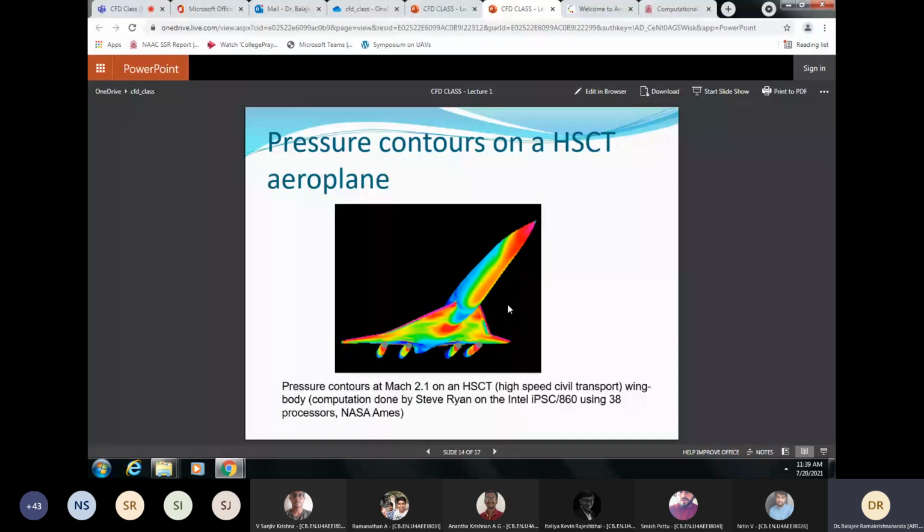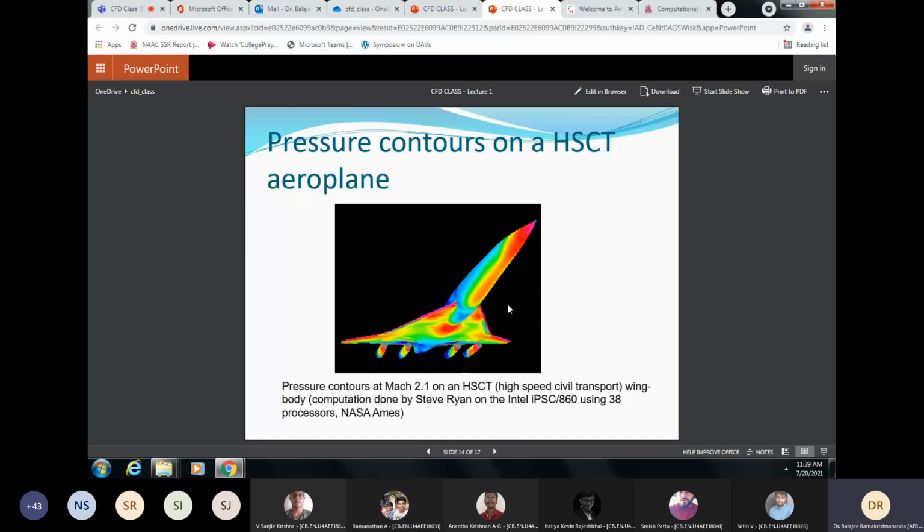Now this schematically shows the pressure contours on what is known as the HSCT aeroplane. HSCT is high speed civil transport. So this is post processing. Once they got the numbers and results, they use the pressure at every i, j, k here to generate contours like this.